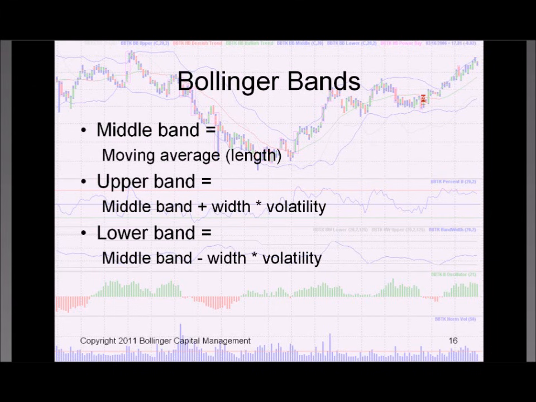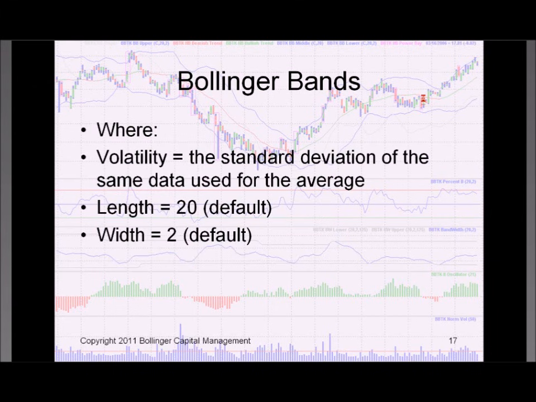We'll talk about that again in just a moment, times a quantity called volatility, which is simply the standard deviation of the same data that was used in the moving average. The lower band is going to be that variable width again times that same measure of volatility, standard deviation. So in this way we create a middle band, a band above, a band below.